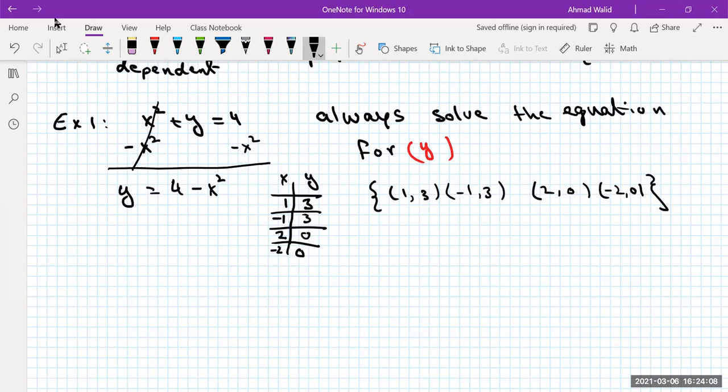Two cars can go at the same time to one road. It's like this: 1 goes to 3, negative 1 goes to 3. It's okay, correct? But there shouldn't be a repeating x. There is no repeating x. Okay, then I can say this equation, y equals 4 minus x squared, or x squared plus y equals 4, the original one, represents a function.